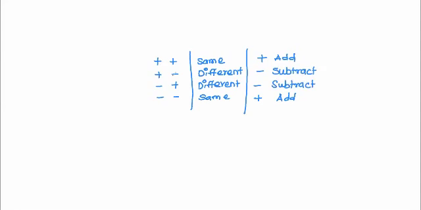If I have one positive, one negative integer, I subtract them. So different, I do subtraction. Again, both negative integers, I add them. And in case of addition and subtraction, the answer always gets the sign of greater number. In case of multiplication and division, we follow plus, minus, minus, plus. Same gets answer sign as plus, different gets minus.